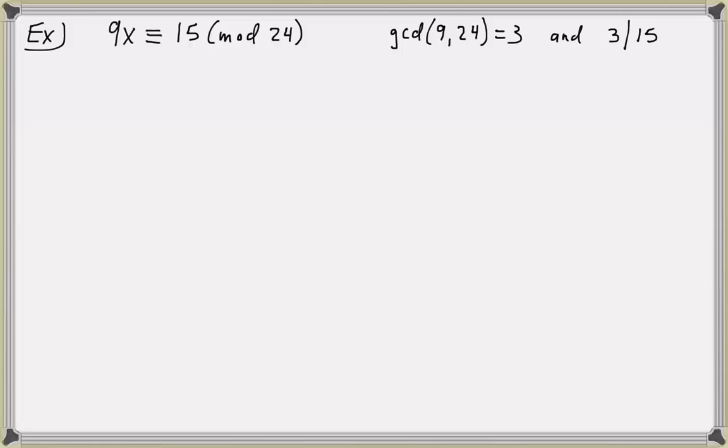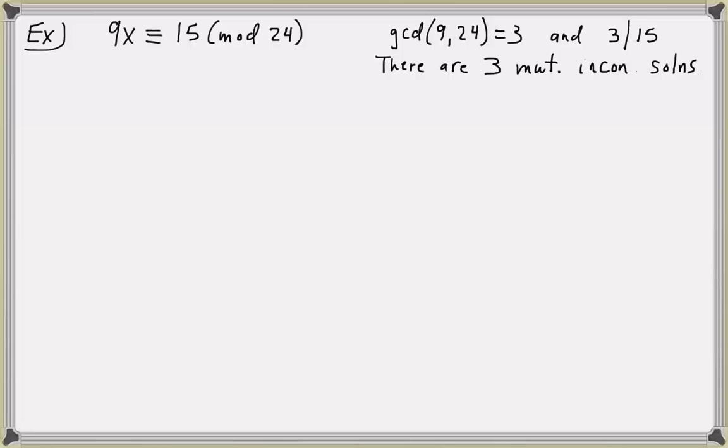So there are solutions. In fact, the greatest common divisor tells us how many mutually incongruent solutions there are. So in fact, there are 3 mutually incongruent solutions.